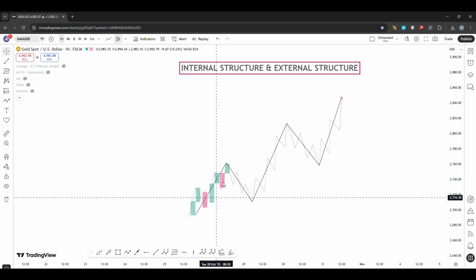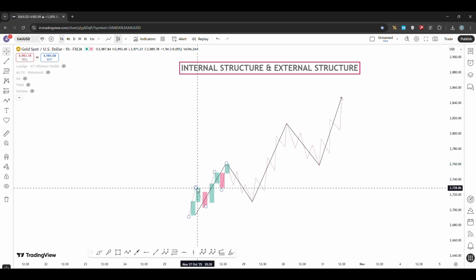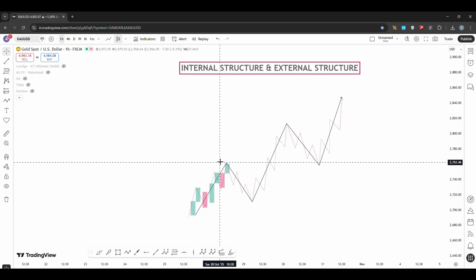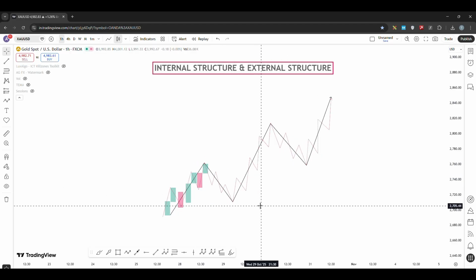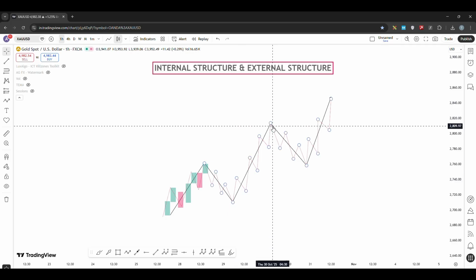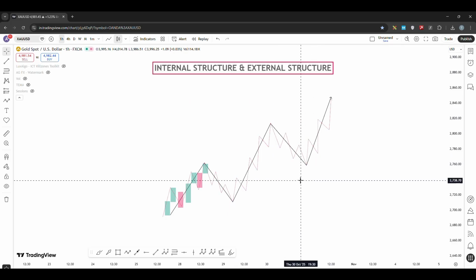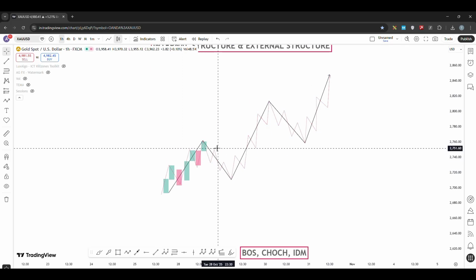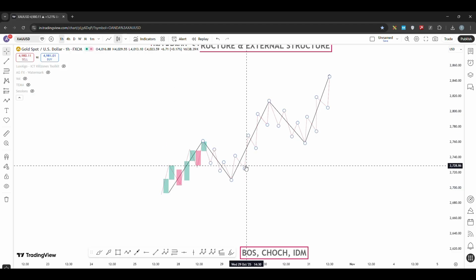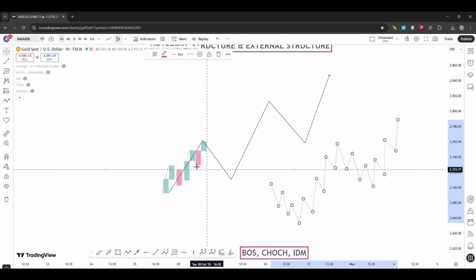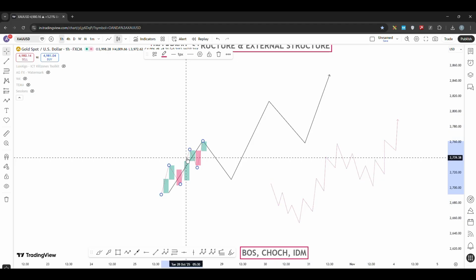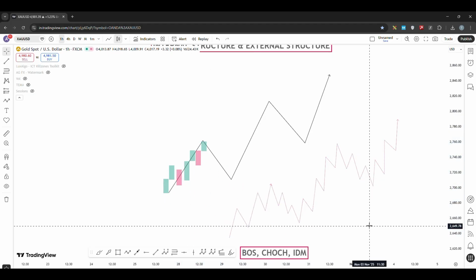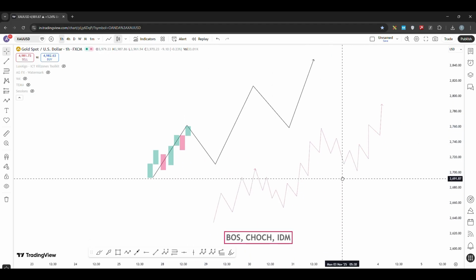The market creates these internal highs and lows before creating the external structure. So this push to the upside is our external structure, but these movements inside this external structure are what is called an internal structure.